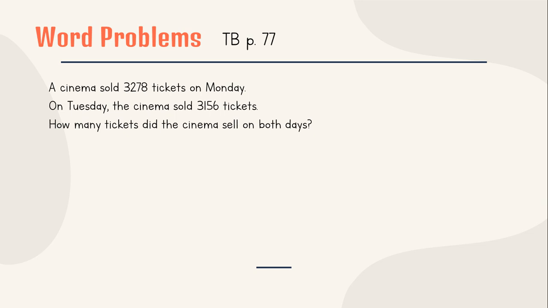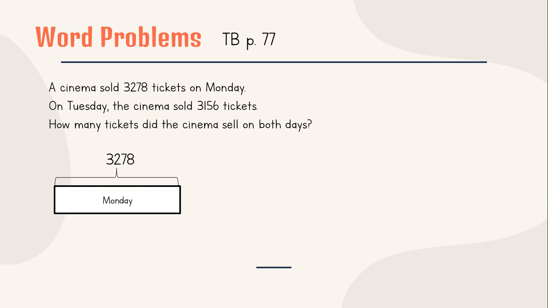Go to textbook page 77. A cinema sold 3,278 tickets on Monday. On Tuesday, the next day, the cinema sold 3,156 tickets. How many tickets did the cinema sell on both days? At first, Monday has how many? 3,278. And then Tuesday, 3,156.